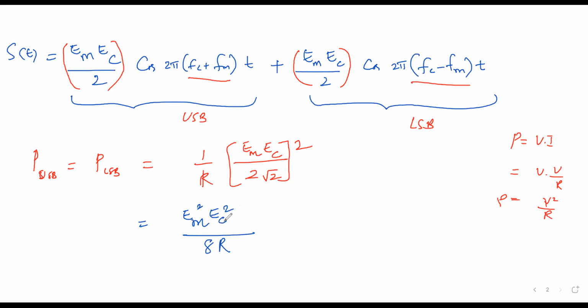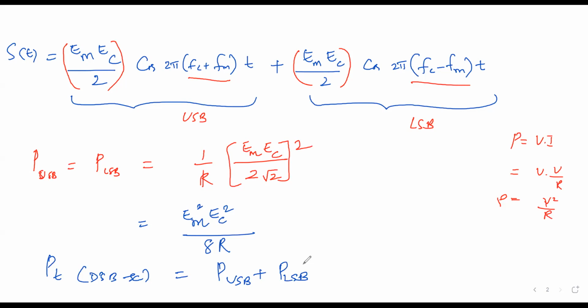So in order to get the total power in the case of double sideband suppressed carrier, this will be equal to PUSB plus PLSB. In the case of conventional AM or the double sideband full carrier, we have got PC plus PUSB plus PLSB. So there we have 3 components: one is the carrier component along with the 2 sideband components.